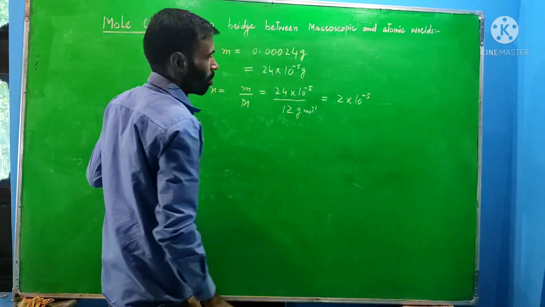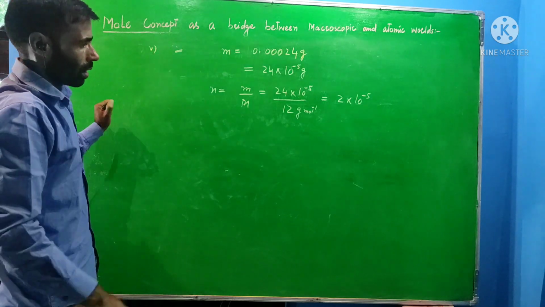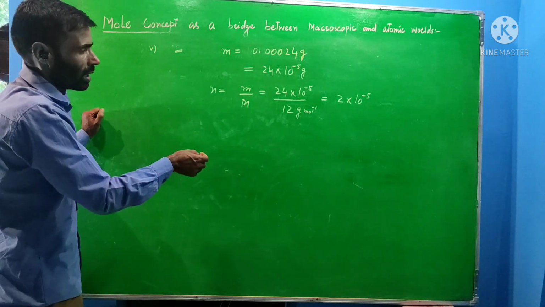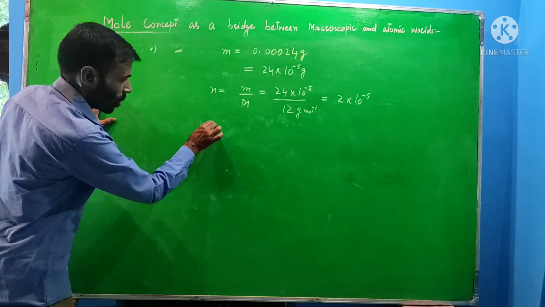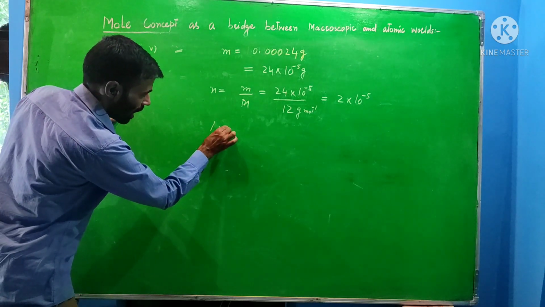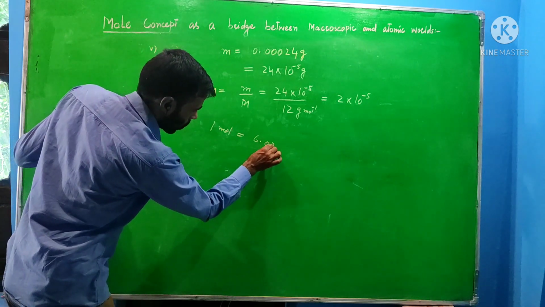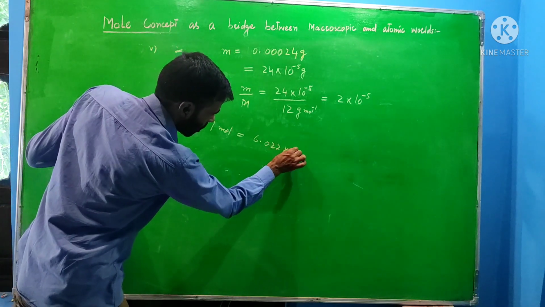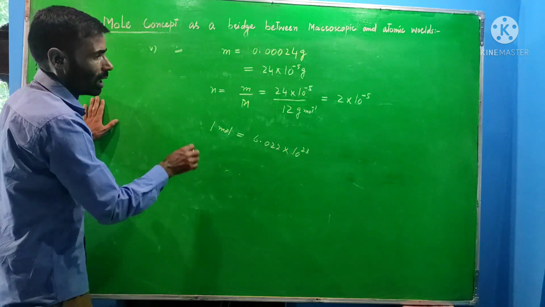These are the number of moles present in the pencil dot. Now we will determine the number of atoms. We know 1 mole has number of atoms equal to 6.022 into 10 raised to the power 23.